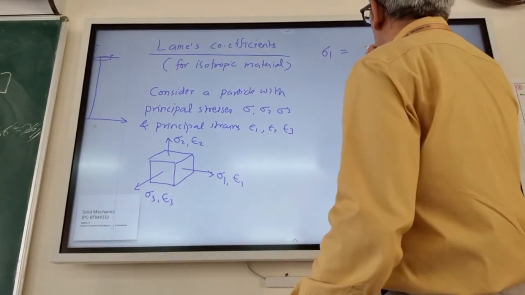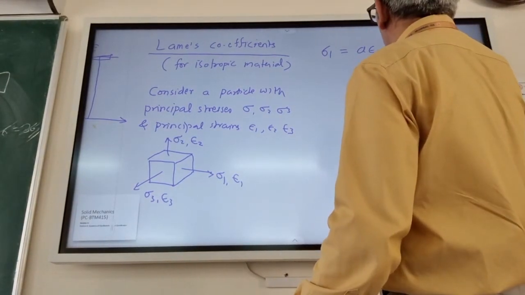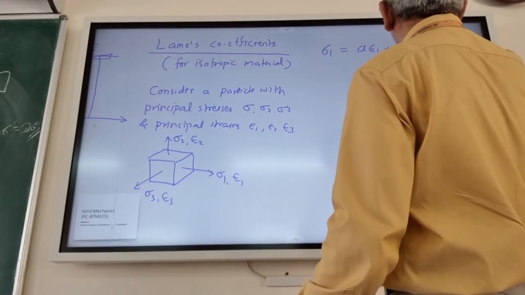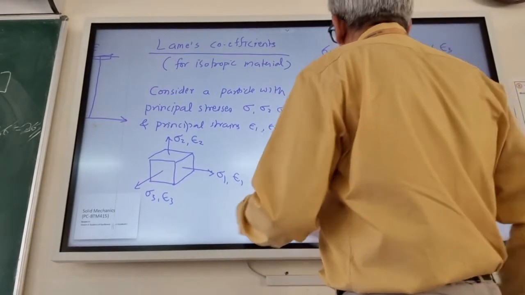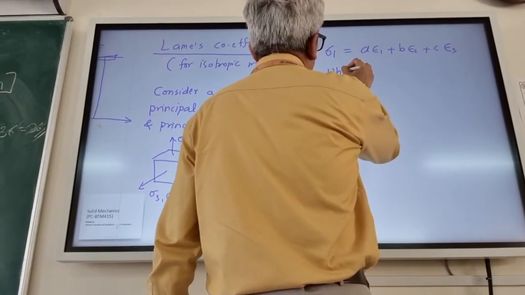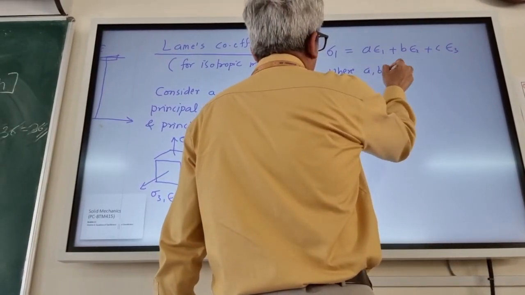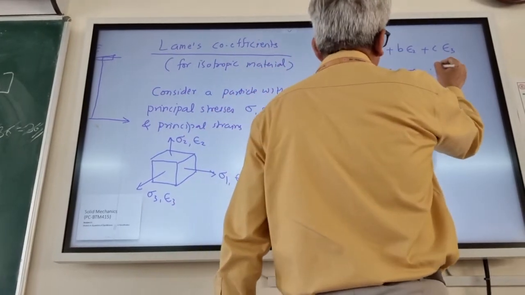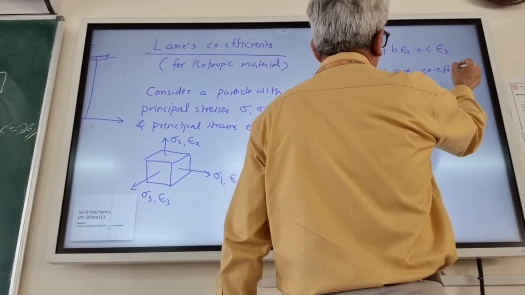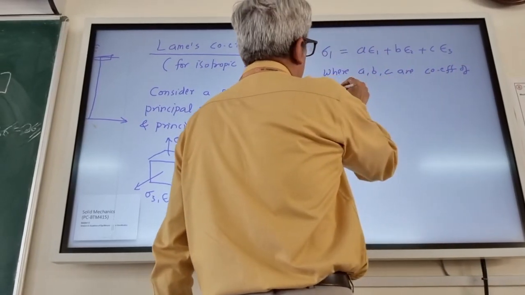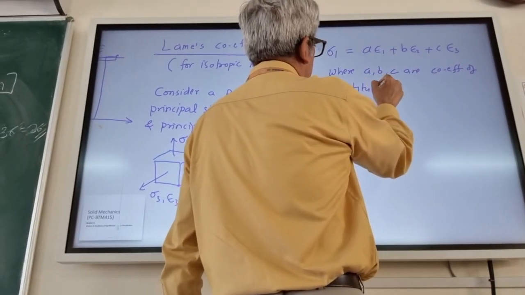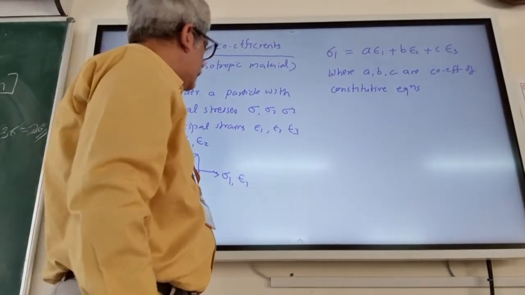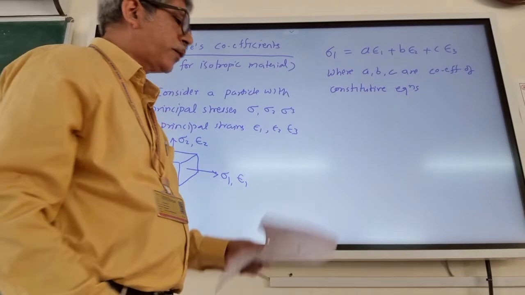We'll write it as A times epsilon 1 plus B times epsilon 2 plus C times epsilon 3, where A, B, C are the coefficients of the constitutive equations.